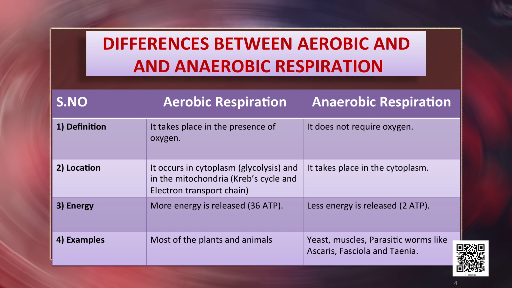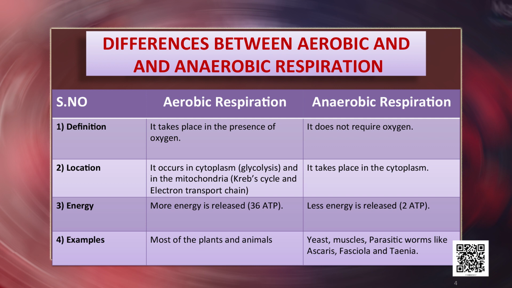In aerobic respiration, the food is completely oxidized and more energy is released, that is, 36 ATP molecules are formed. In anaerobic respiration, as the food is not completely oxidized, less energy is released, that is, only 2 ATP molecules are formed.